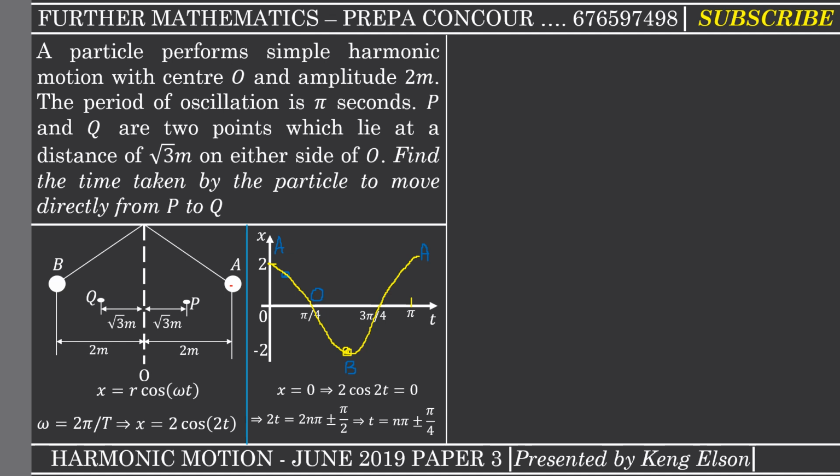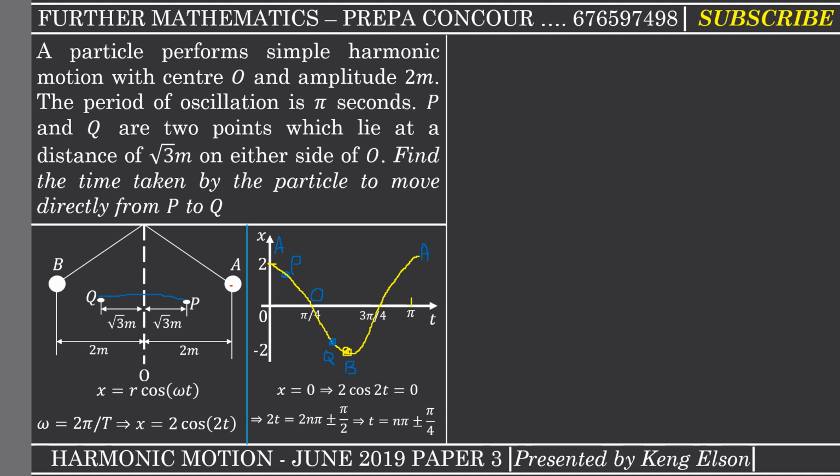Okay, now Q is around here. So this is Q, here is Q, here is P. Okay, so the objective is to find the time taken to move from P directly to Q.